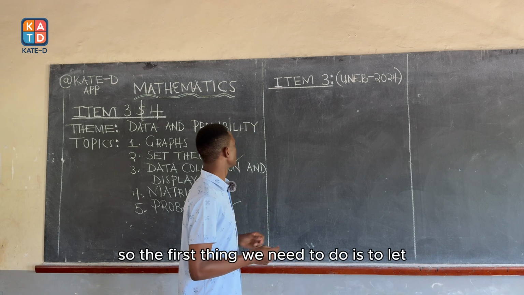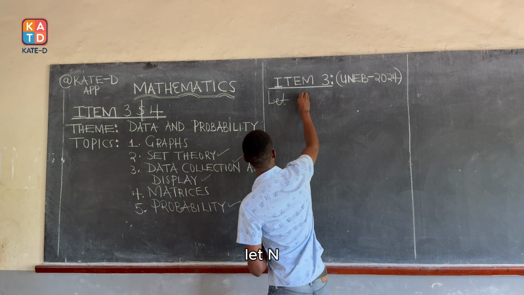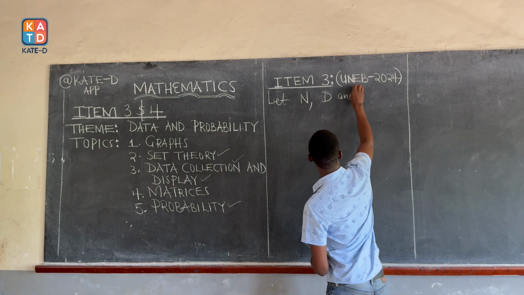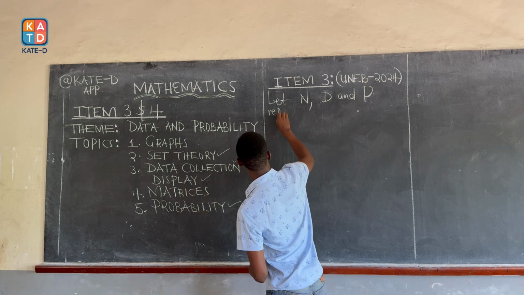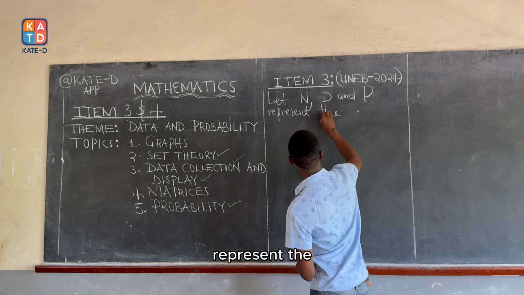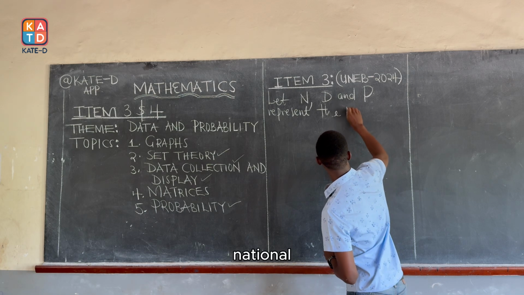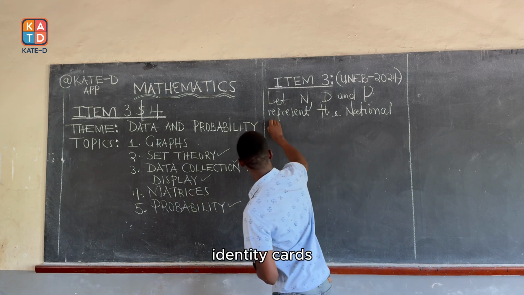calibrated. So the first thing we need to do is to let N, D, and P represent the national identity cards.